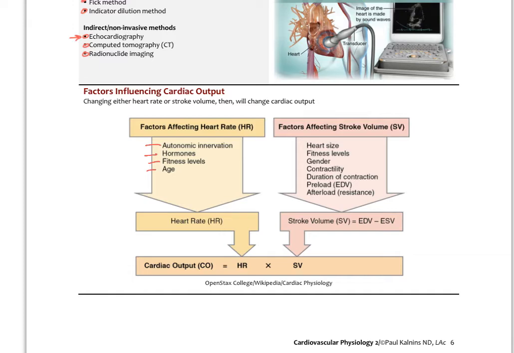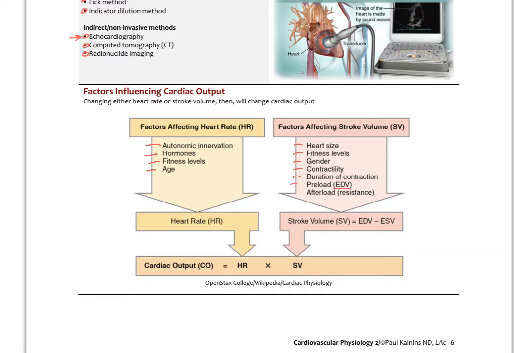Factors that affect the stroke volume would be the size of your heart, your fitness level, your gender, and the contractility. How easy is it for the heart to contract? What's the duration of the contraction? How much blood is actually coming back to the heart in diastole? How filled are the ventricles? And that's called the preload or end diastolic volume.